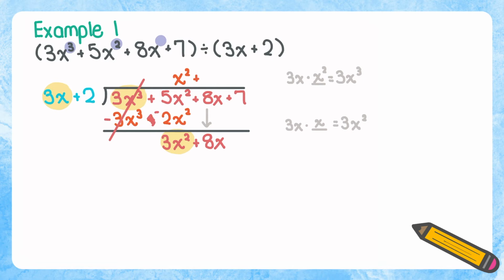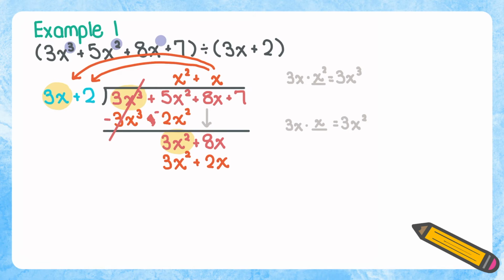So again, I'm going to write this linear term x above the linear term. So keep them aligned. And now I'm going to distribute this x to both the 3x and the positive 2. So x times 3x is 3x squared, and x times 2 is 2x.